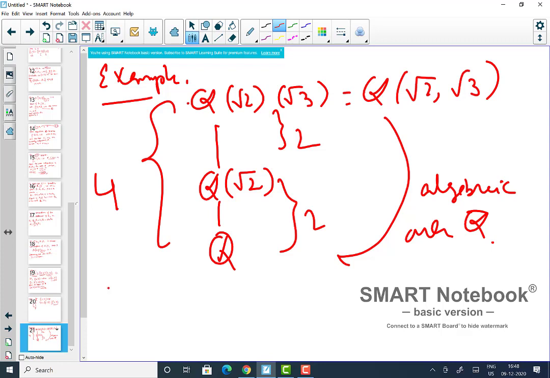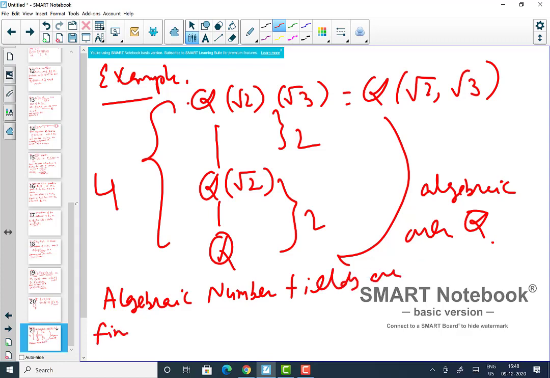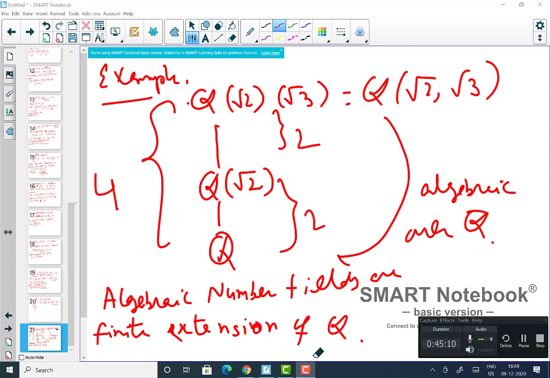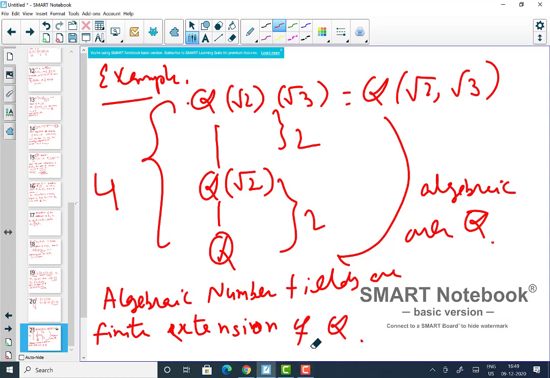Actually, algebraic number fields are finite extensions of the rational numbers. Okay, so these algebraic extensions are finite extensions of the rational numbers.